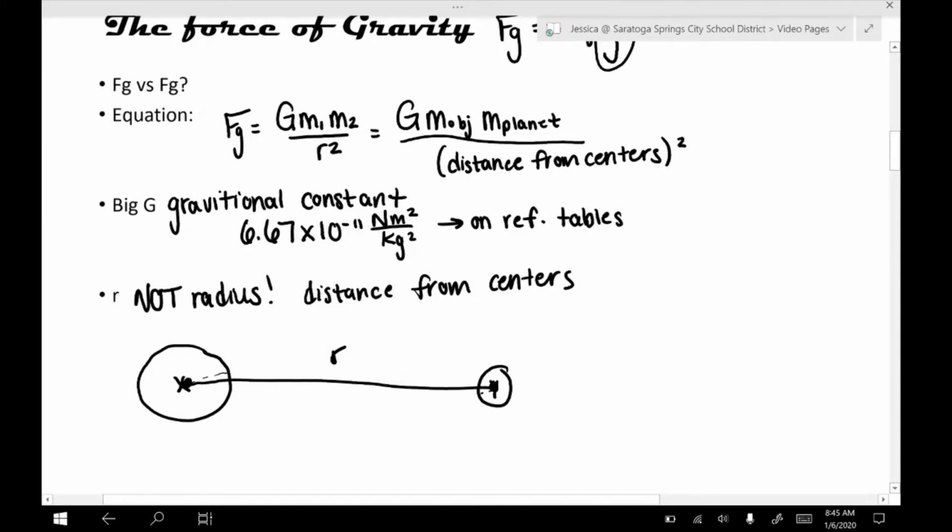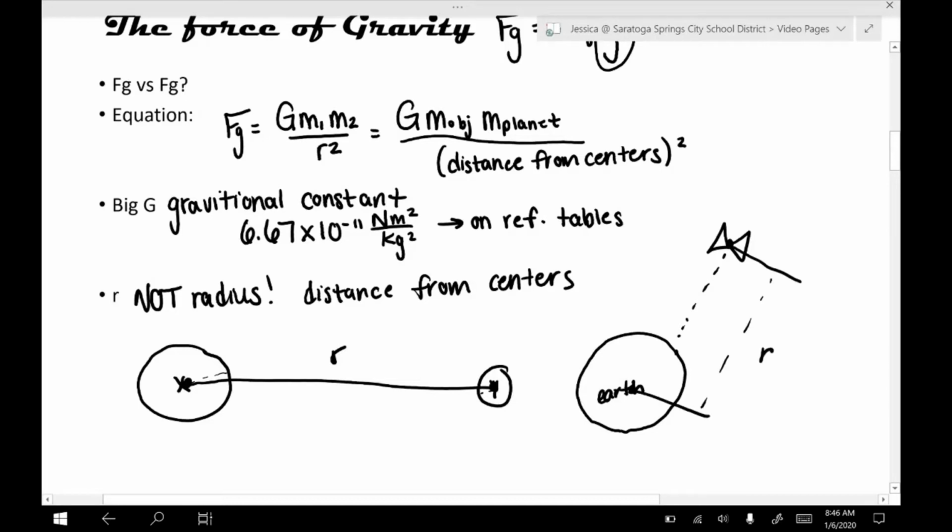So where that really comes into play is, let's say we have Earth and we have some satellite floating above Earth. So our distance from centers is something like this, r.